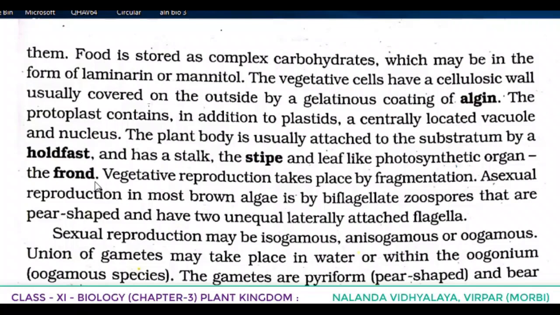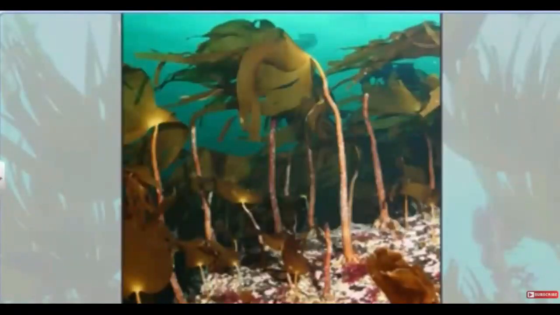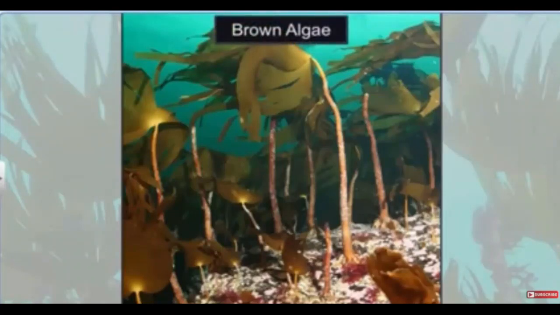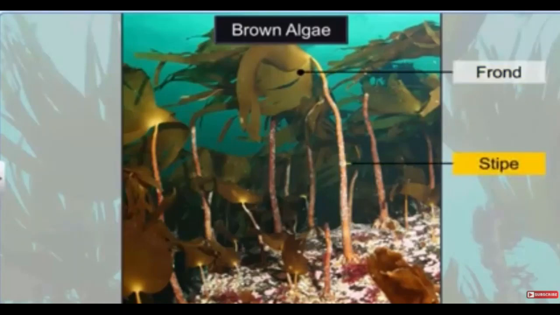That time we explained thallus: an undifferentiated plant body. They lack true root, stem and leaf. So here in Phaeophyceae, the root is not there, but to attach the plant body to the substratum, there is a structure known as holdfast. A stem-like structure we can call the stipe, and the leaf-like photosynthetic organ is known as the frond.